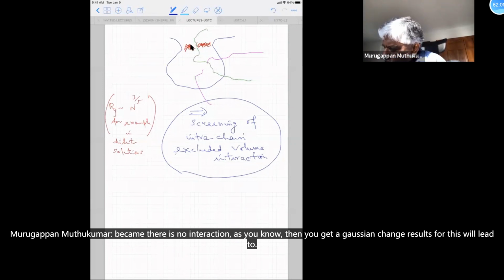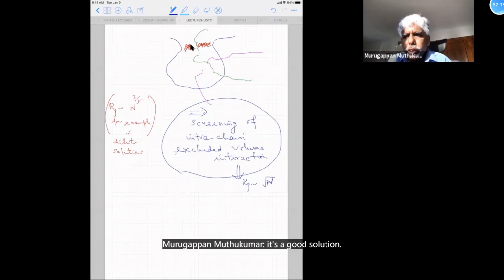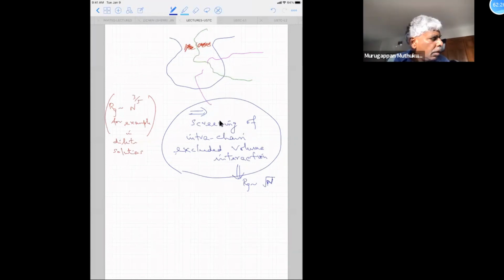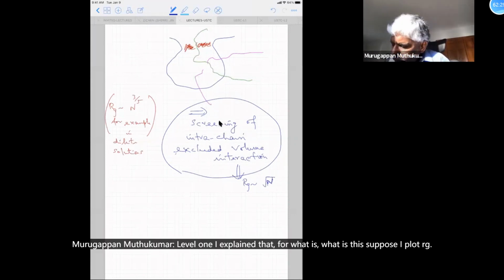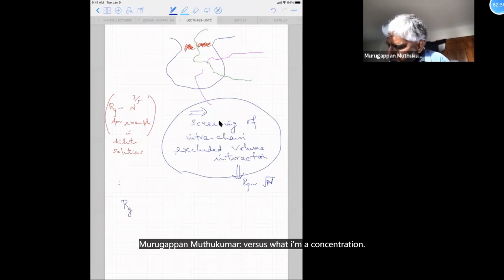Therefore, Rg now goes like square root of n. In a good solvent we have n power 3/5 in dilute solution, but once you get into a concentration higher than C star, I'll have screening. Therefore, what I expect is this. Suppose I plot Rg versus polymer concentration. Here is my C star.